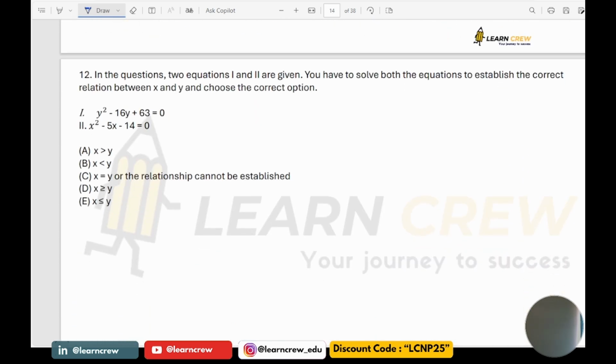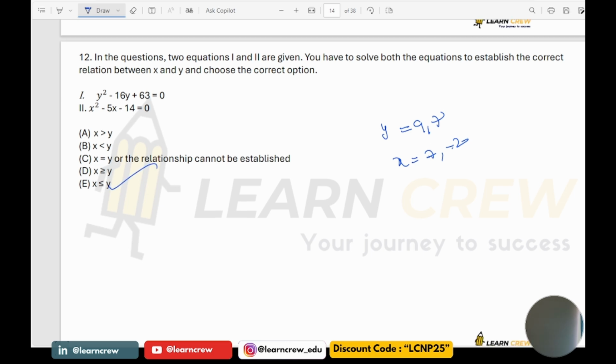Then question number 12. Y square, so here y is equal to 9 or 7. So x is equal to 7 or minus 2. So what you can say, minus 2 is less than these two, and 7 and 7 are equal. So x is less than or equal to y. Option E is the answer.